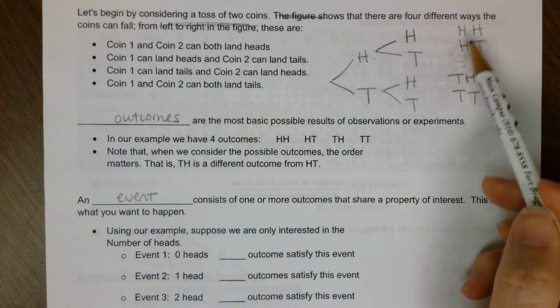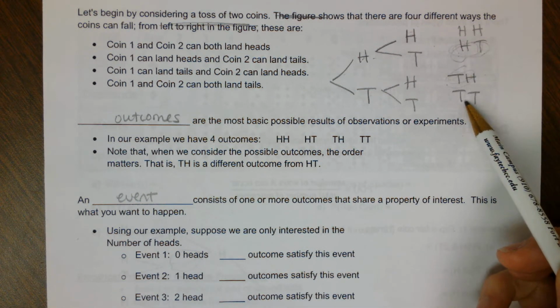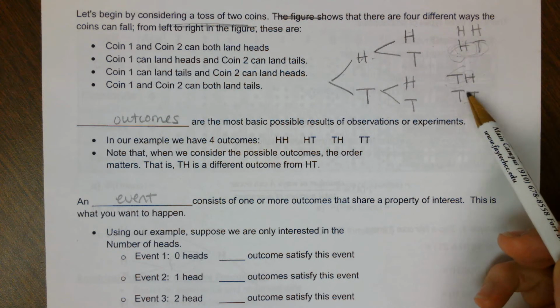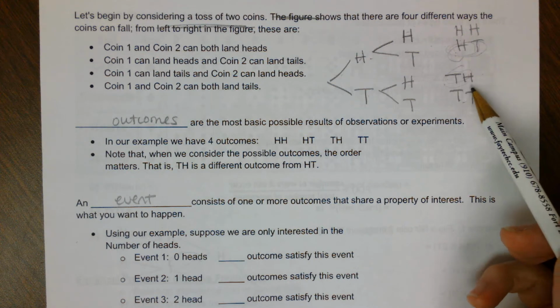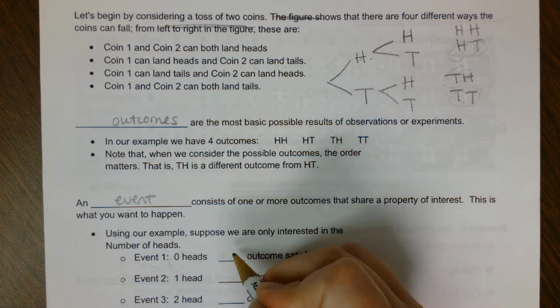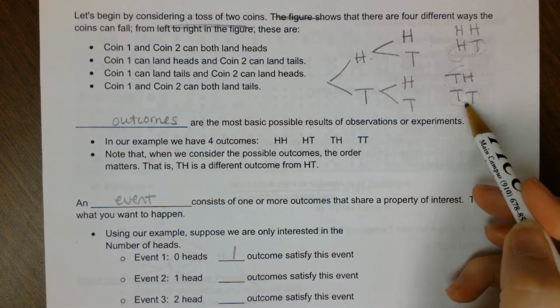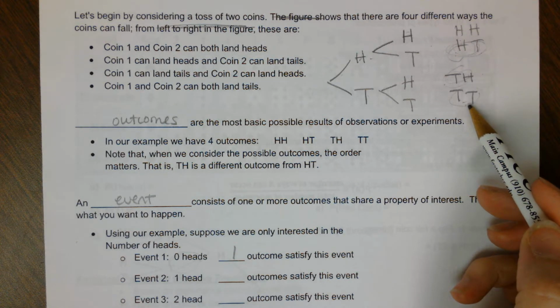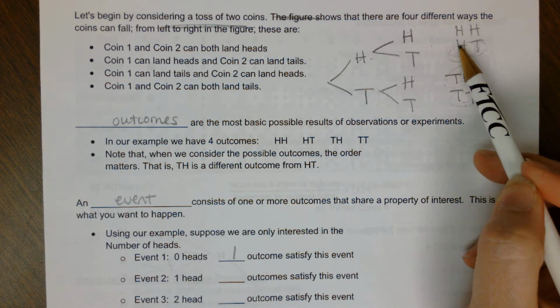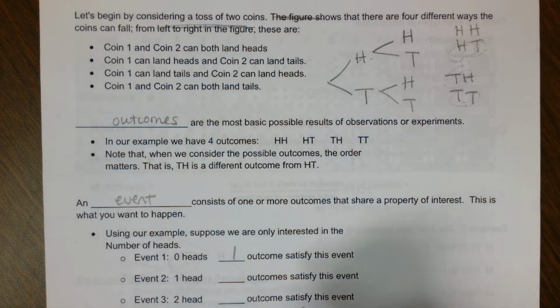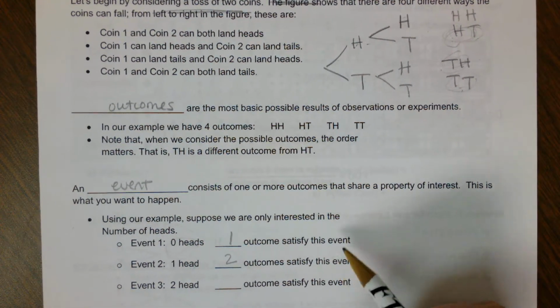If we look at our 4 possibilities, how many don't have heads at all, which means both of them were tails, so there's only one outcome of these 4 that satisfies this event. Now, how many different ways can we get just one head? Well, we could get the head first, or we can get the head second. So there are 2 outcomes that satisfy that situation.